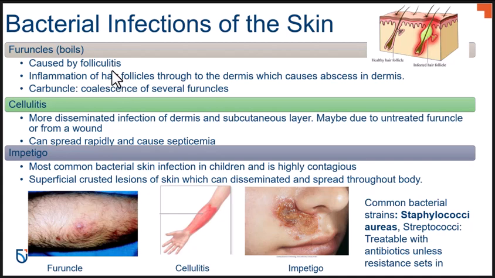Irritating it can cause it to become a furuncle. So it's really an abscess present in the dermis that puts pressure superficially so it can be seen and felt. If somebody has multiple furuncles in one area, they can coalesce together and form what's called a carbuncle. Interesting names.